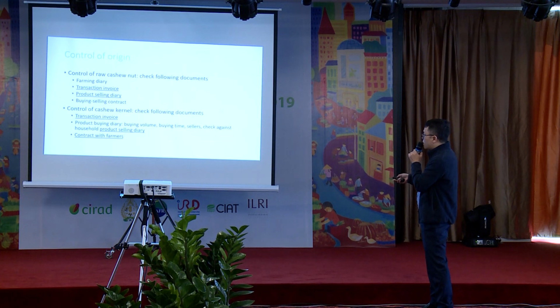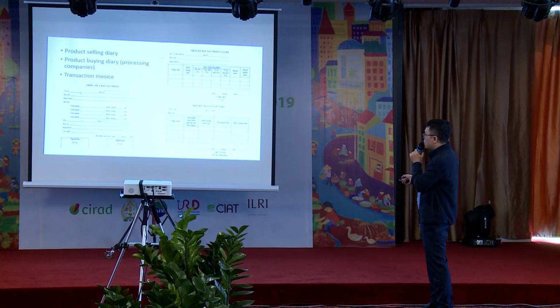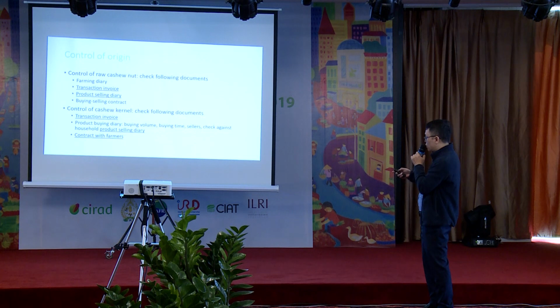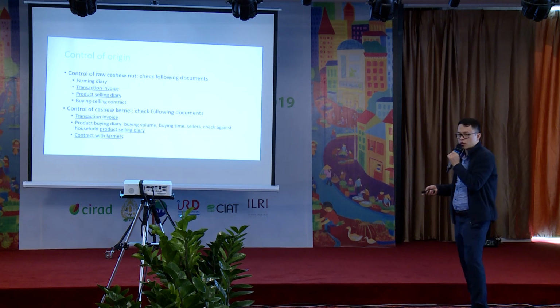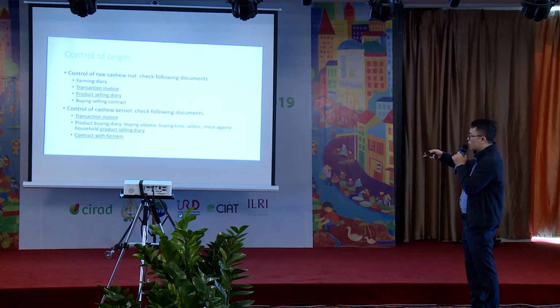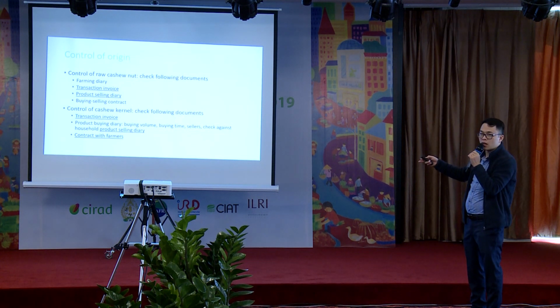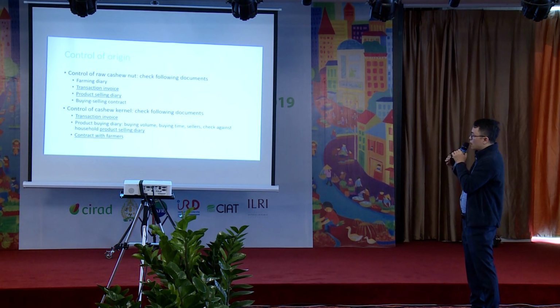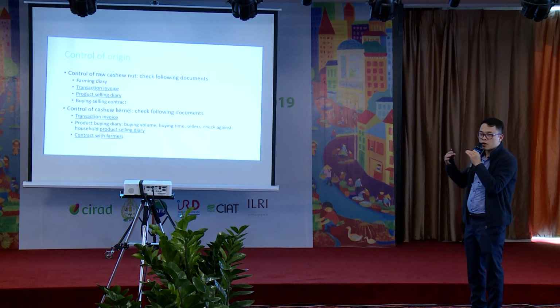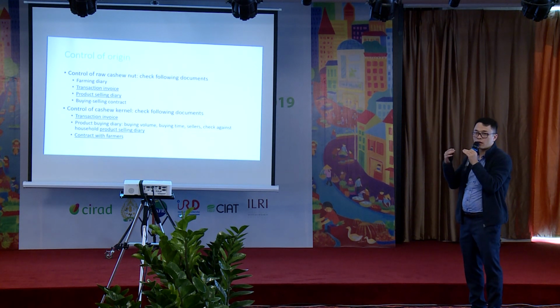And the product buying diary and the product selling diary, you can see on the screen. So this is the document we designed to check the origins. So we go to the purchasing company and we see the information and check whether the information is correct or not by comparing the information between those companies and the farmers.